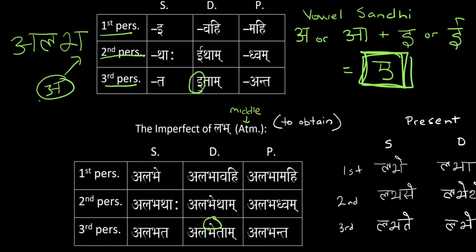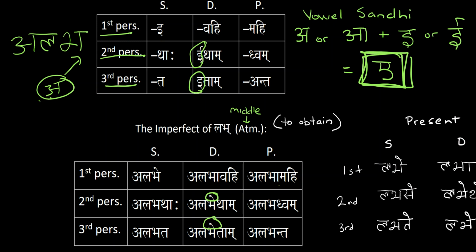So a plus i is going to give you e. So alabhata, alabhetam, and alabhanta. Then you have alabhathah. Then you have again alabhetam, because a plus i or e gives you e. Then you have alabhadhwam, alabhe, first person singular, alabhavahi, and alabhamahi.